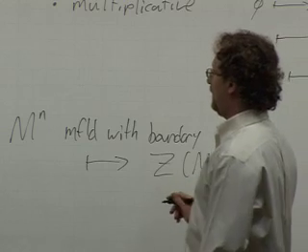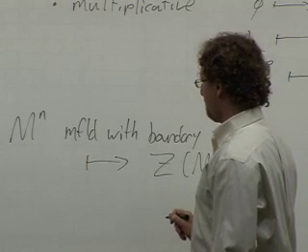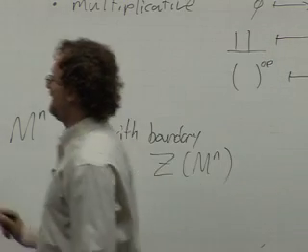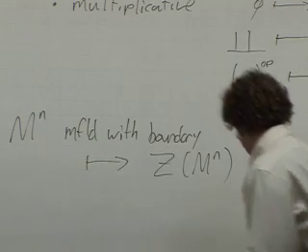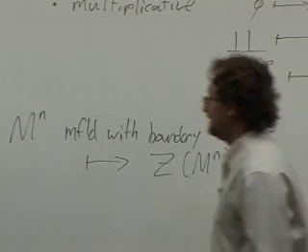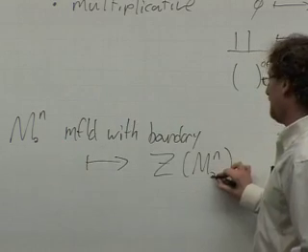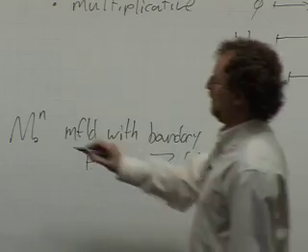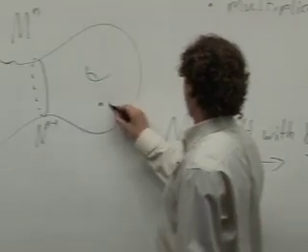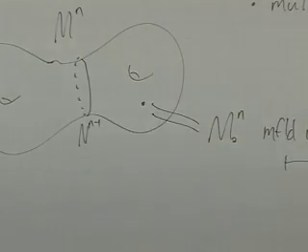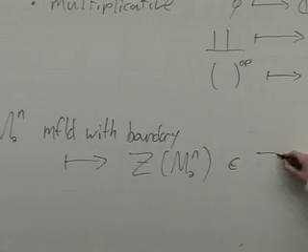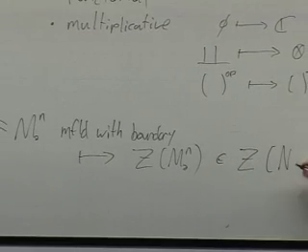Here, I probably shouldn't call it M. Well, sorry, what's another letter? Okay, M with boundary, I don't know. So I have a manifold with boundary. This is one of these halves. We're going to assign to it a vector in the vector space associated to the boundary.